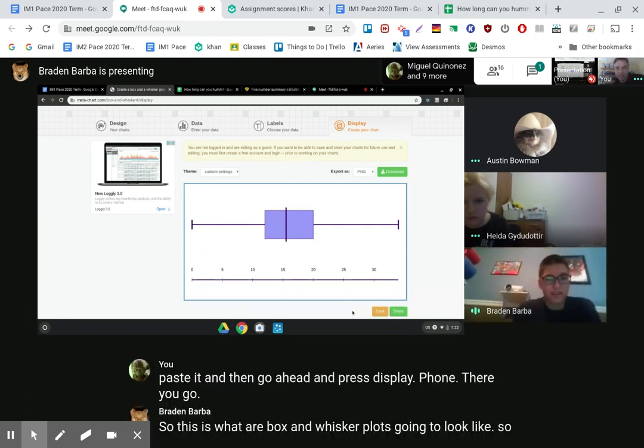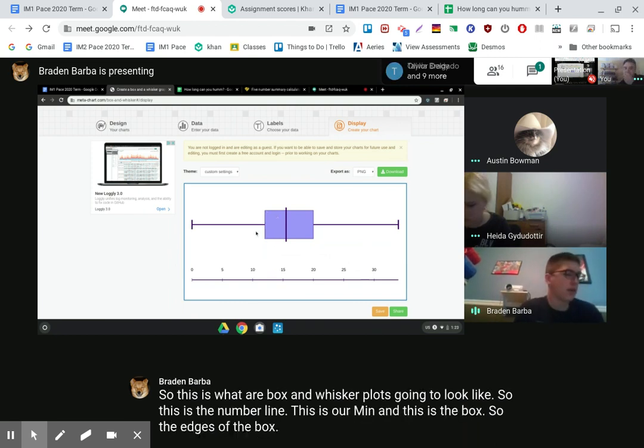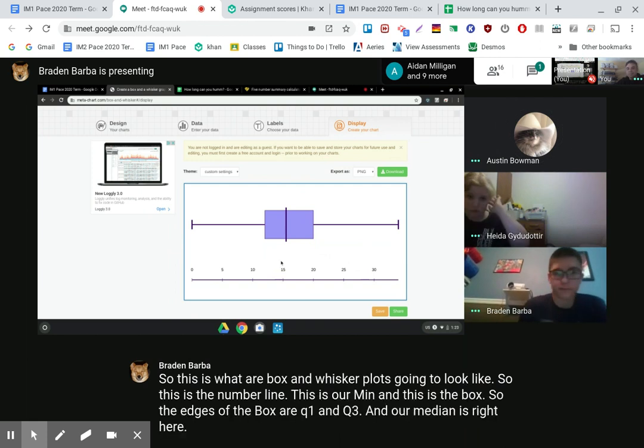This is the number line. This is our min, and this is the box. The edges of the box are Q1 and Q3, and our median is right here. Then that would be our maximum.